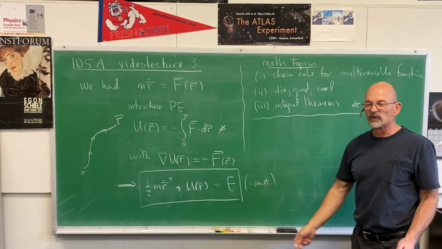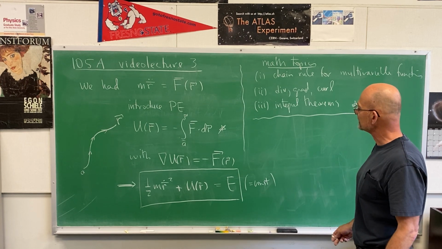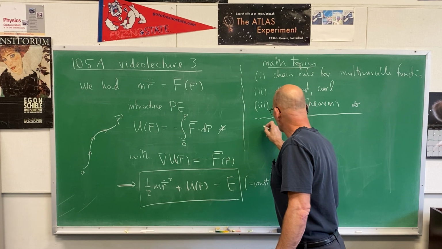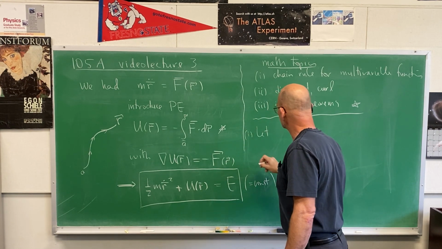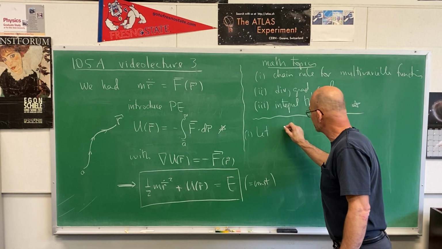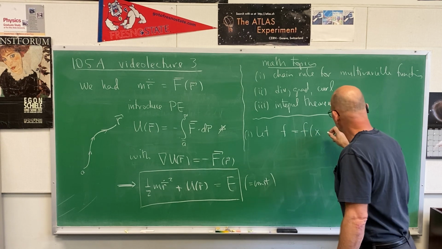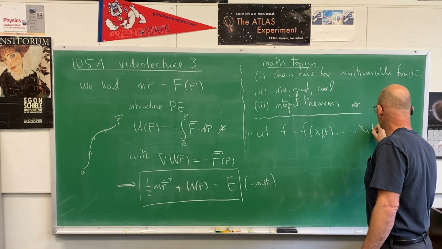This is something that is used quite a bit in mechanics, more next semester than this semester, but it's time to talk about it. Suppose we have f equals f of x1 of t all the way out to xn of t.